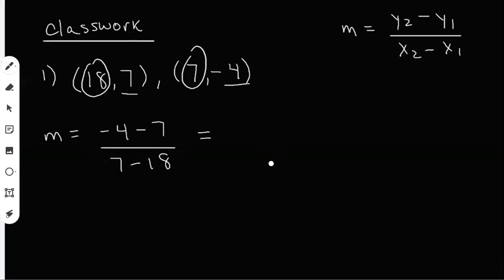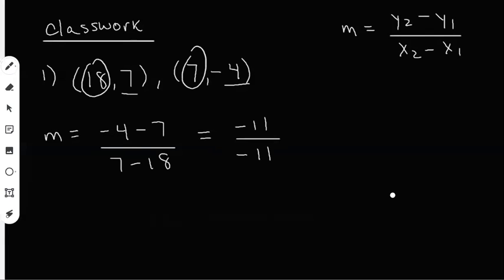So now on the top, I have -4 minus 7. That's going to give me -11. If you're having trouble with that, you can use a calculator. I've got 7 minus 18 at the bottom. That's also going to give me -11.